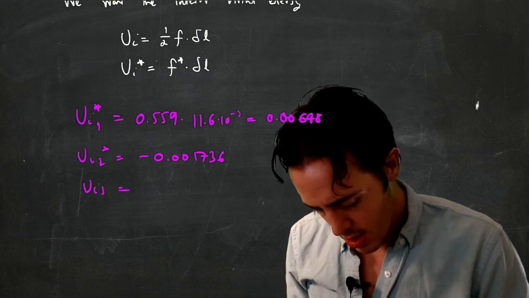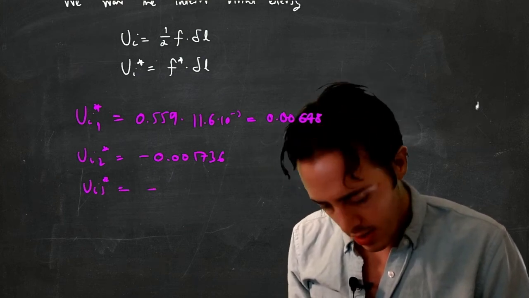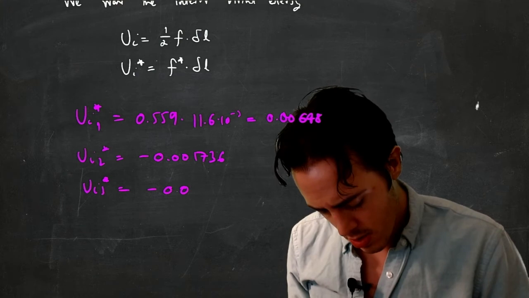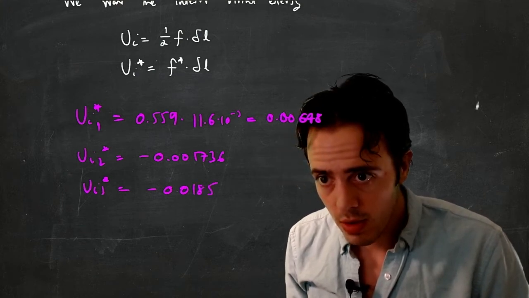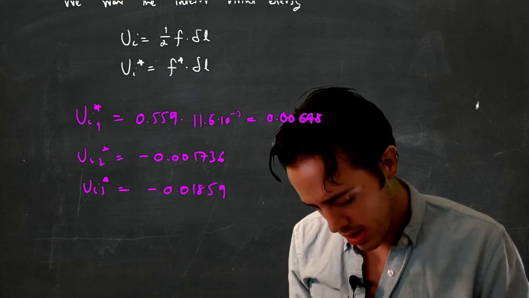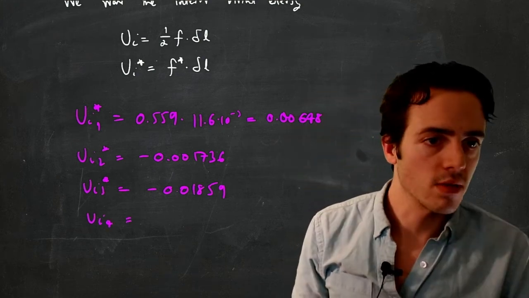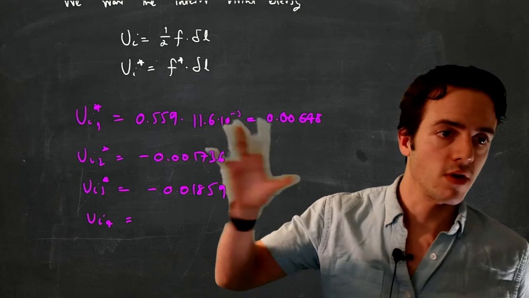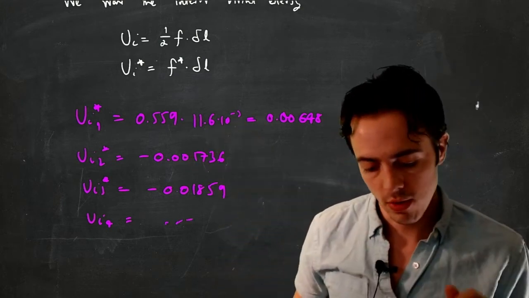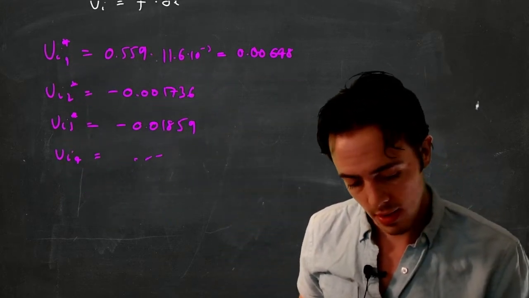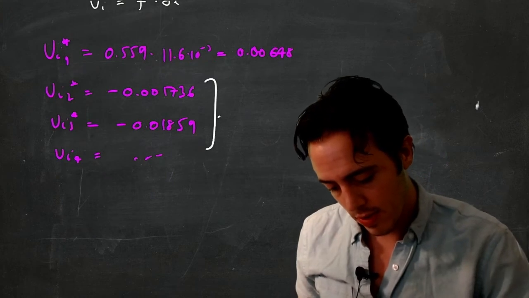UI3 is equal to minus 0.01859. UI4, I'm not going to bother writing the rest of them down because I've just done the piece of code and I'll go through them, but we can work these all out. What's important to note is that these can be negative numbers.